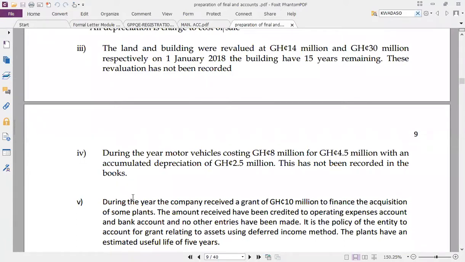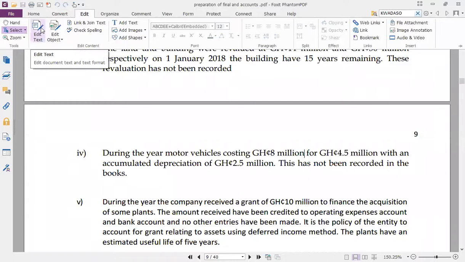During the year, motor vehicles costing 8 million were sold for 4.5 million with an accumulated depreciation of 2.5 million. Good. So let's add were sold to page 9. Great.